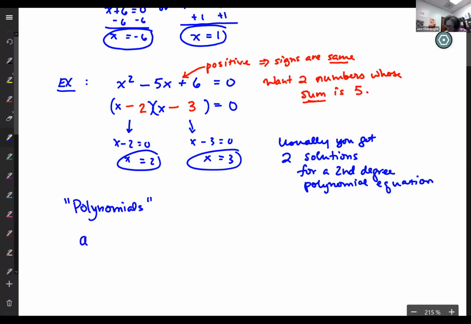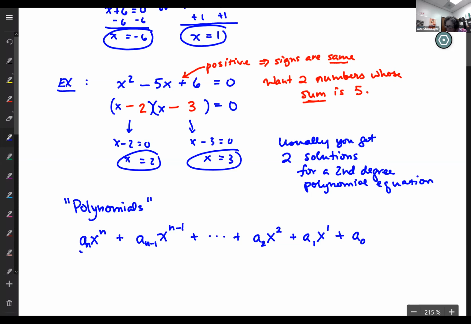It's something times some power of x, and I'm going to call that a sub n, and then some other number, I'll call it a sub n minus 1, times the next power down, and it keeps on going so that you have these coefficients times some corresponding power of x, down to x to the first, or just x, and then it ends with just a constant.